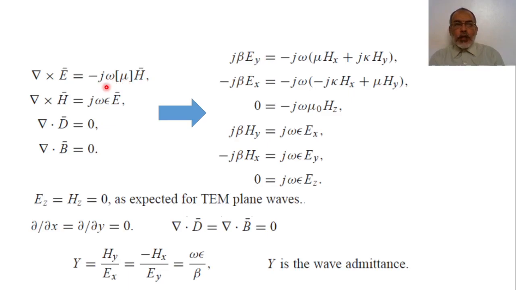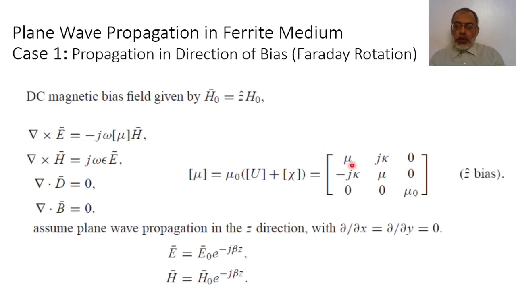The x component here is minus j omega mu hx plus j kappa hy. I have taken the x component. So here is mu multiplied by h, so the x component is mu multiplied by hx plus j kappa multiplied by hy.